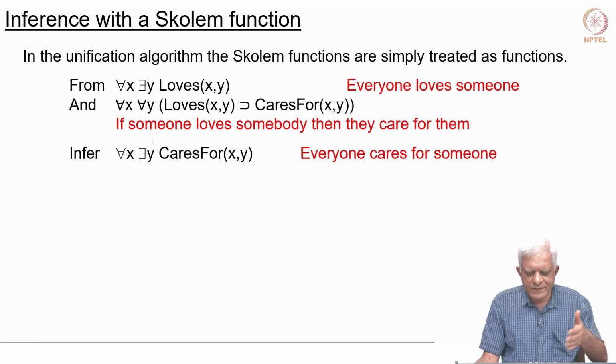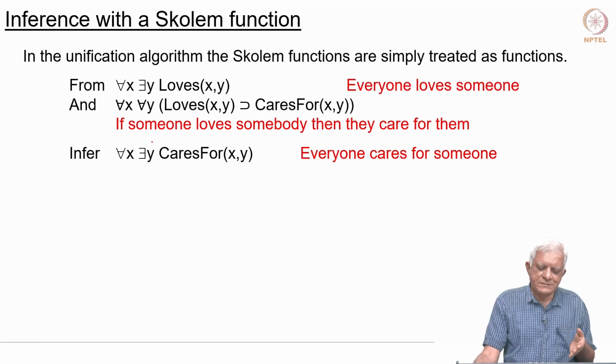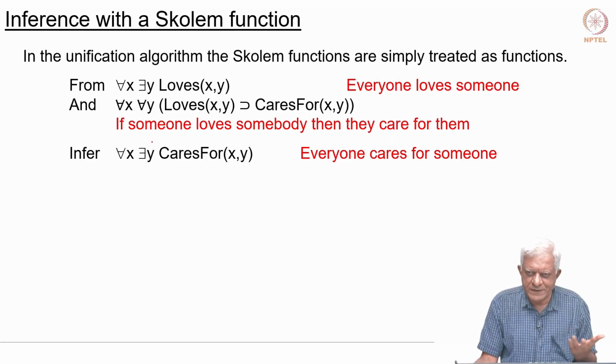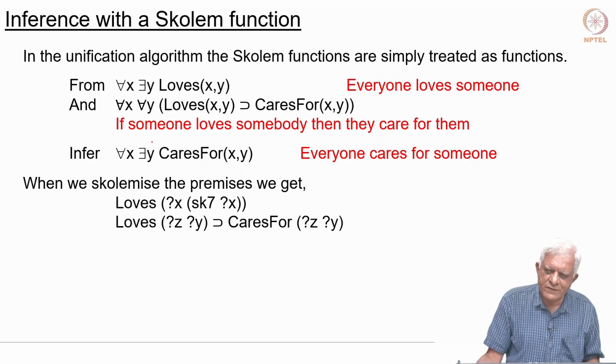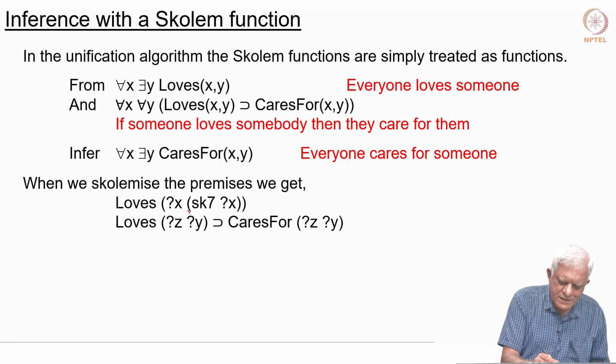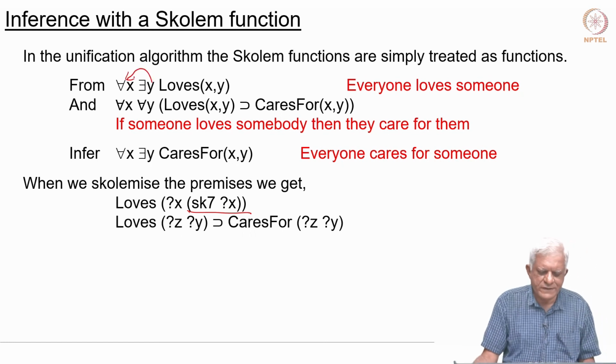From this we want to infer that everybody cares for someone. Now, obviously, it follows logically, it is entailed, because you are saying everybody loves someone, and then you are saying that whoever you love, you take care of them. So, obviously, everybody takes care of someone, but Skolemization should not get in the way of making this inference, and that is what we want to show here. The first sentence has a Skolem function, because y is in the scope of this universal quantifier there.